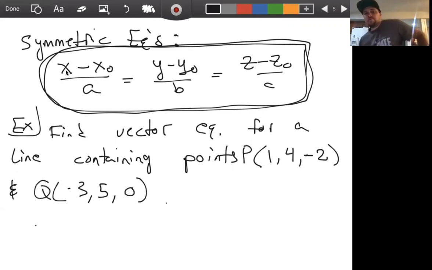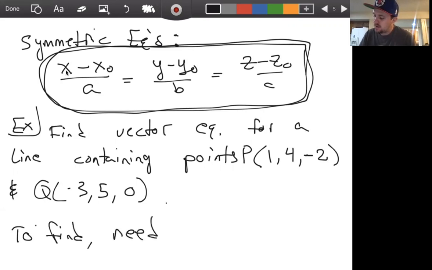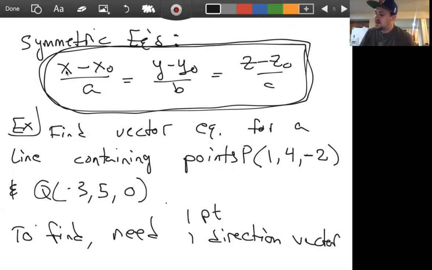So what do we need to find this? We need one point and one direction vector. How are we going to find these?